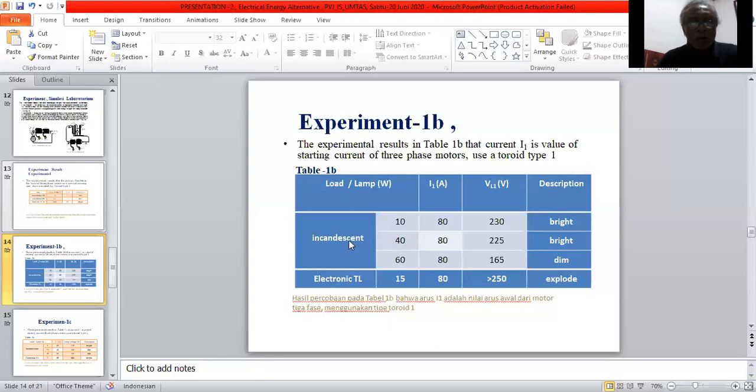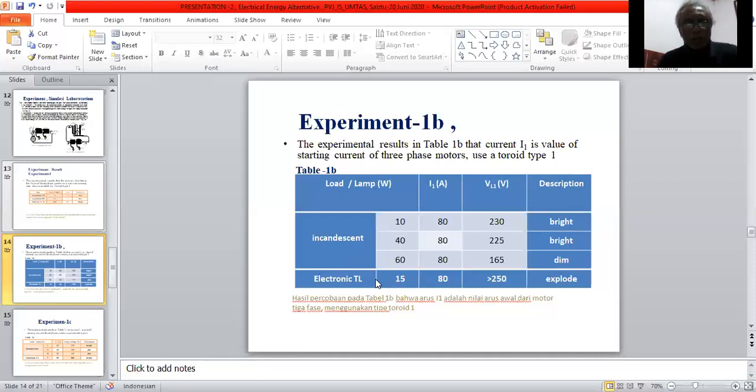But for the electronic lamp of 15 watts, this was not detected because suddenly the lights went out.